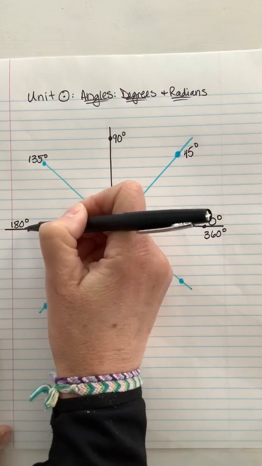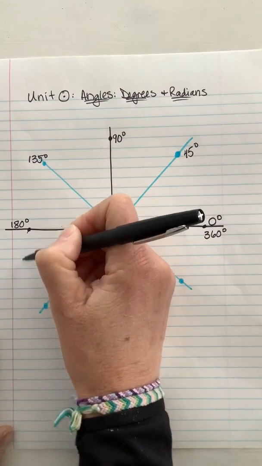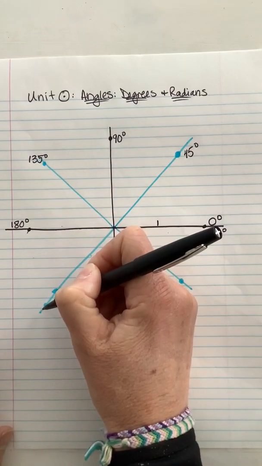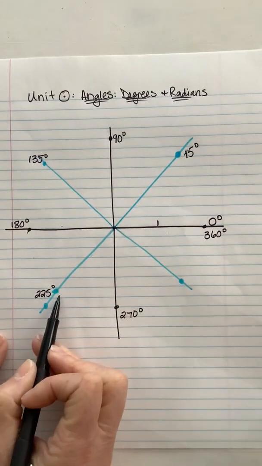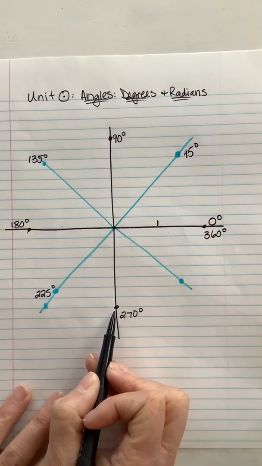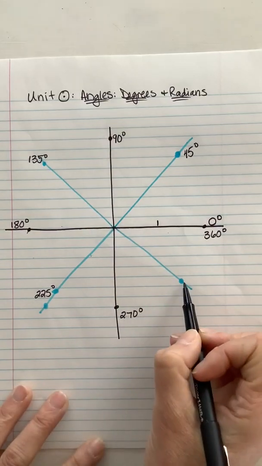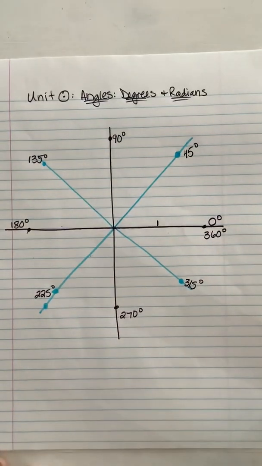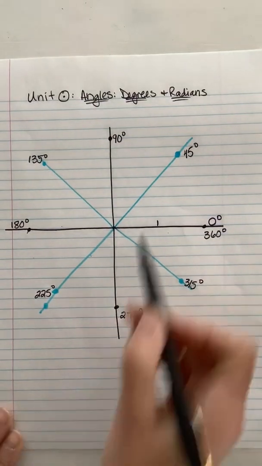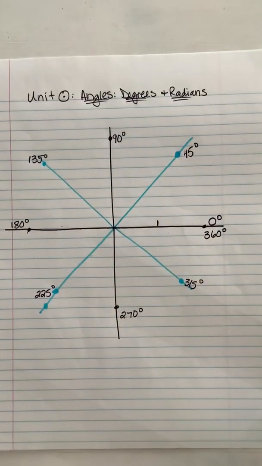Plus 45, 180. 180 plus 45 is going to be 225. See? I'm not memorizing, I'm building. 225 plus 45 is 270, plus 45 puts me at 315. And then another 45 more is 360. So all of these are going to be your 45s in terms of important pieces on the unit circle.